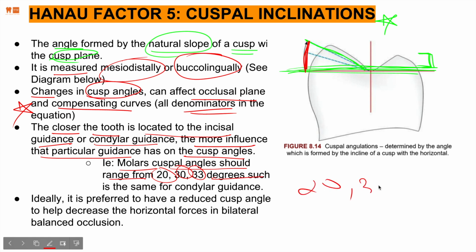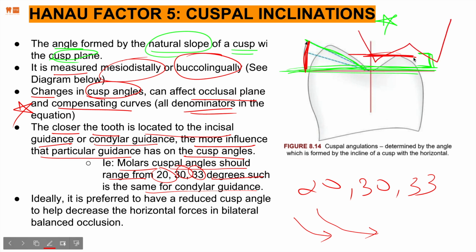It is the same for condylar guidance. It's very influenced by them, because if we want condyles to move this way properly, we want a smooth motion through the cusps. We can't have interferences hindering one another when we're moving forward, right?